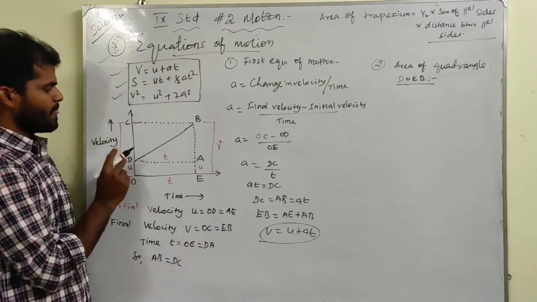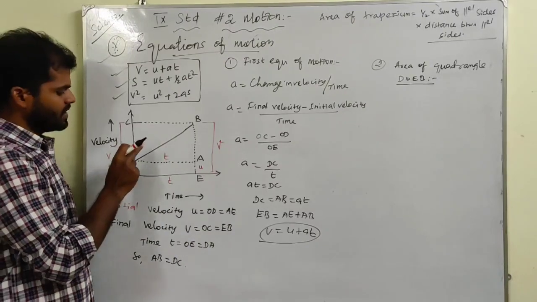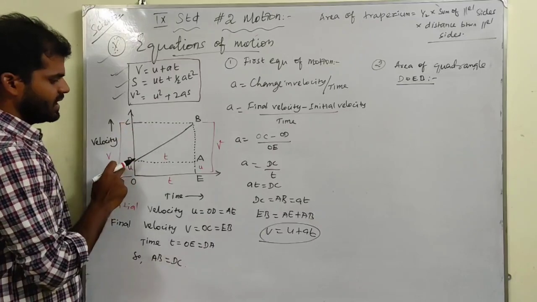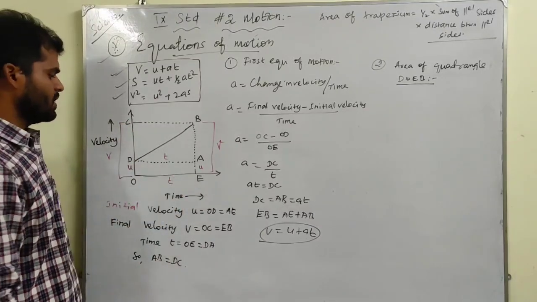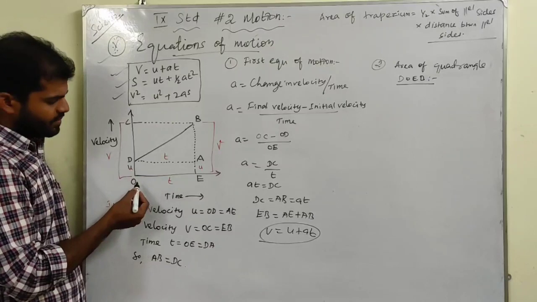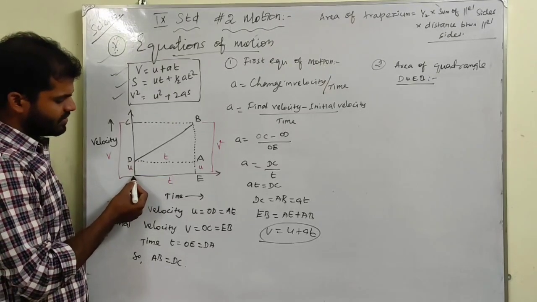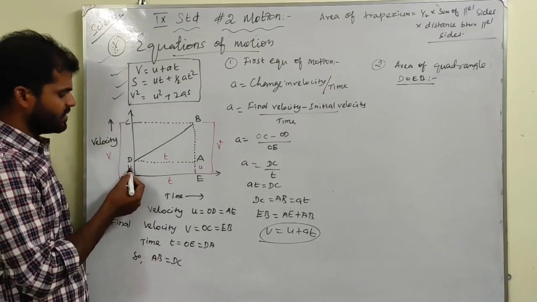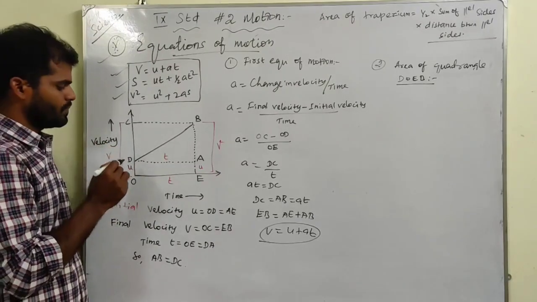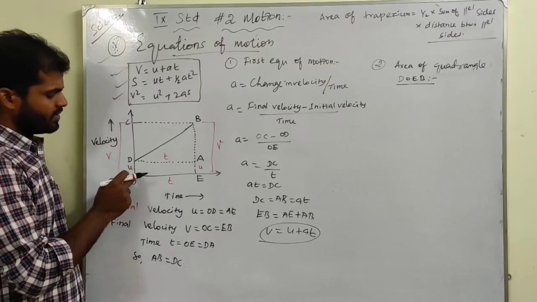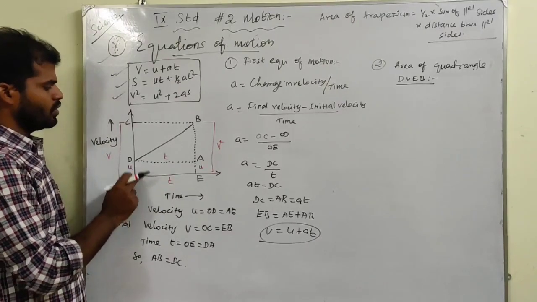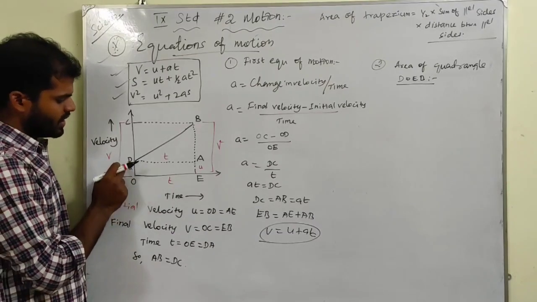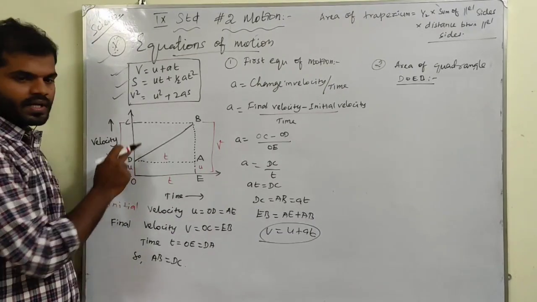I have to take the points A, B, C, D and E. The initial speed, the starting speed, from O to D is marked as U. What will be the final speed? The final speed, from O to C, is V. So initial OD is U and final OC is V.